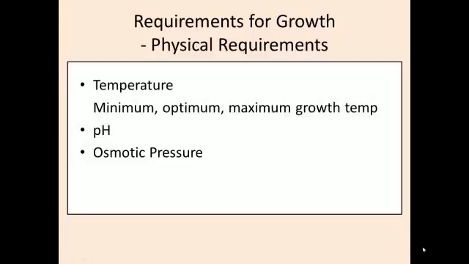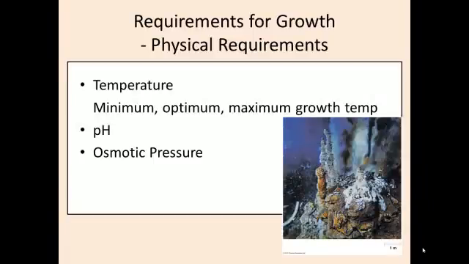Now, originally, when we started culturing bacteria, most of them were bacteria that were associated with humans or with our environment around us. But then we started finding organisms, bacteria and archaea, in strange places. Now, this is a picture of a volcanic vent in the deep ocean. We call them either black smokers or white smokers, depending upon the color of the water that's coming out of them.